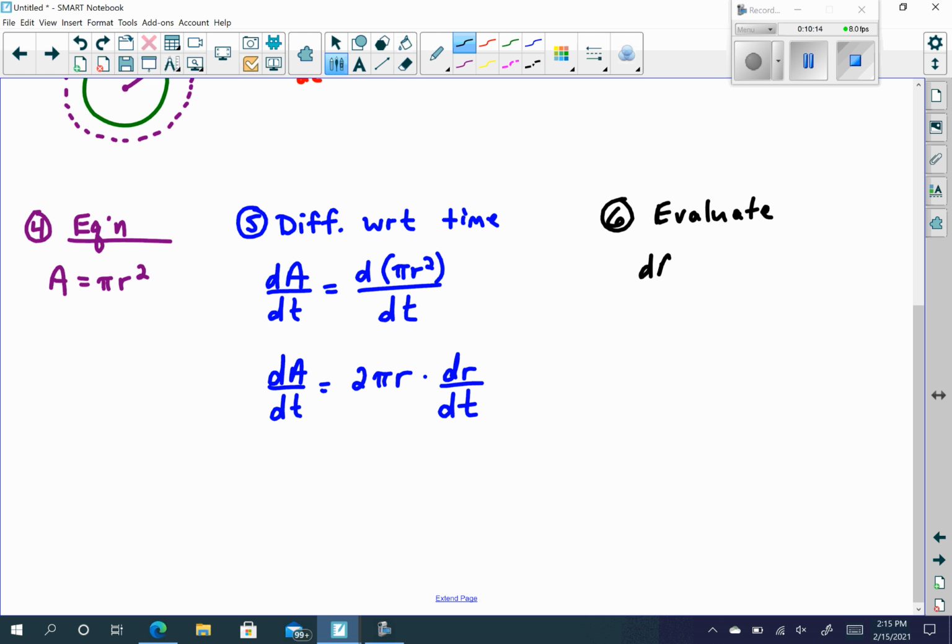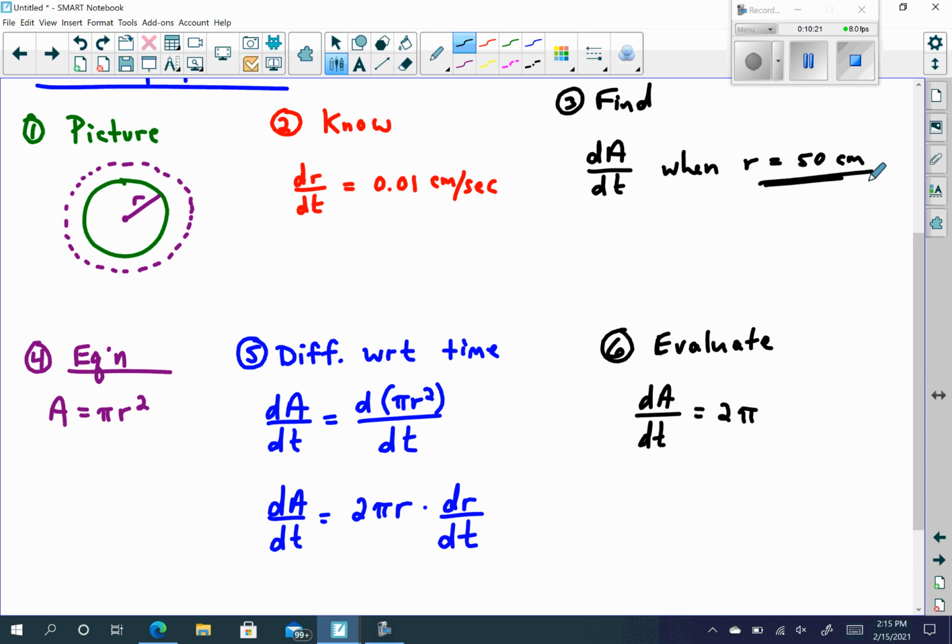So dA over dt is going to equal 2 pi times the radius. Remember, we wanted to find that when the radius was 50, so then that's going to be 50. And then dr over dt was 0.01. Right, and we can just calculate this.